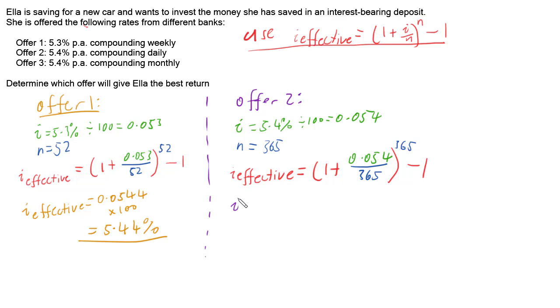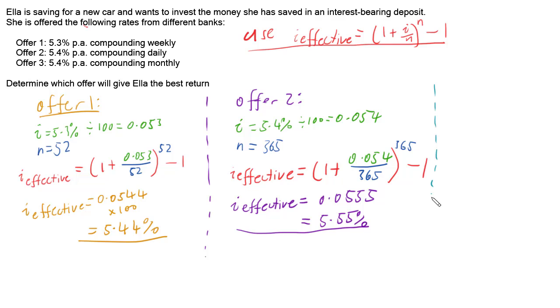So for offer 2, putting this into our calculator, our effective interest rate becomes 0.0555 with some rounding in there. As a percentage, this is 5.55%. So offer 2 has 5.55%.